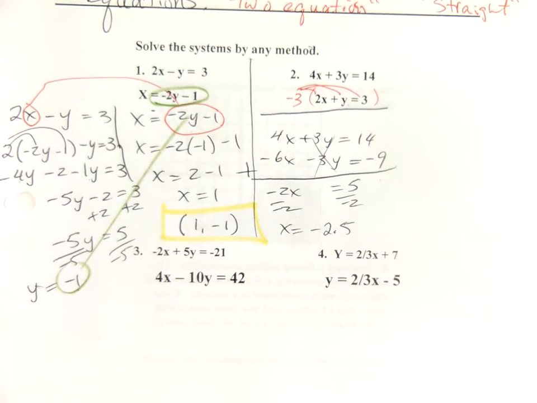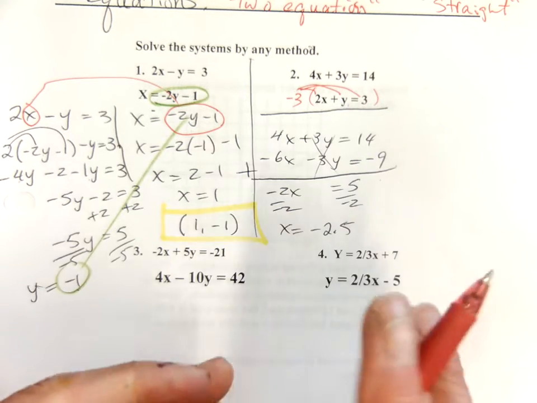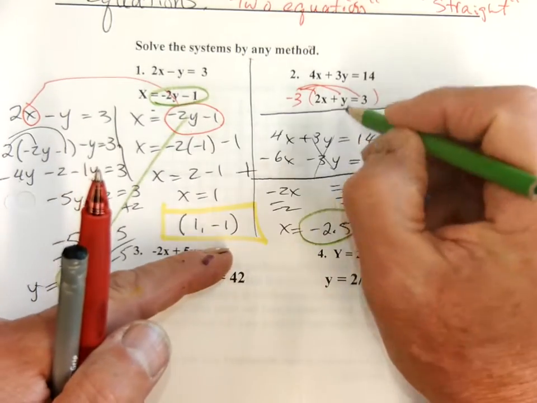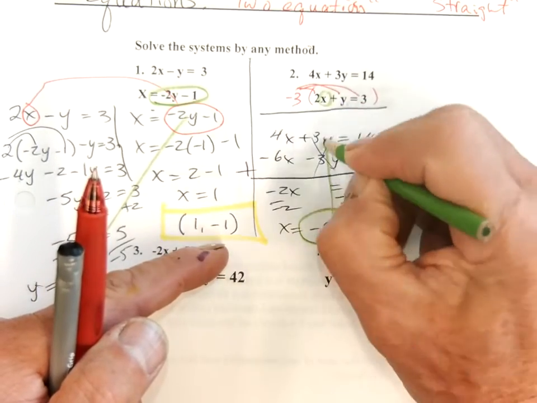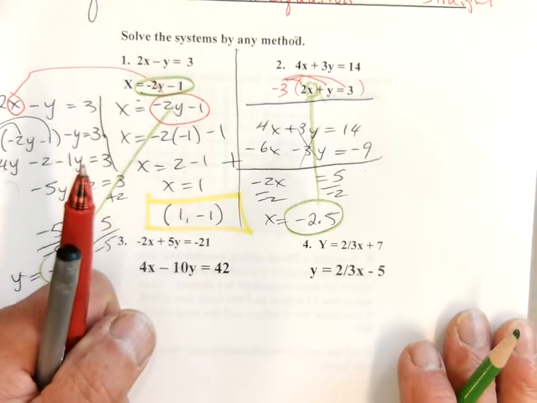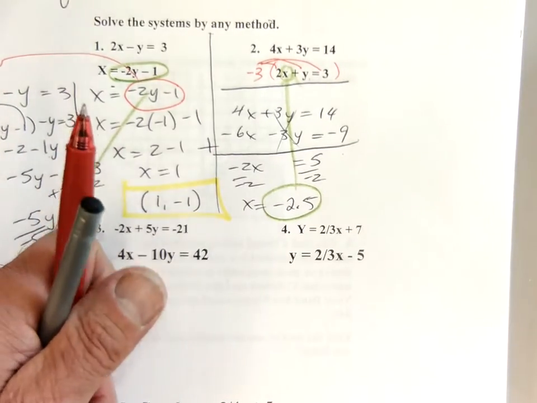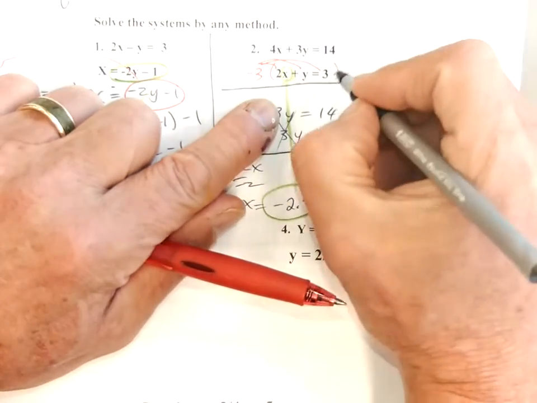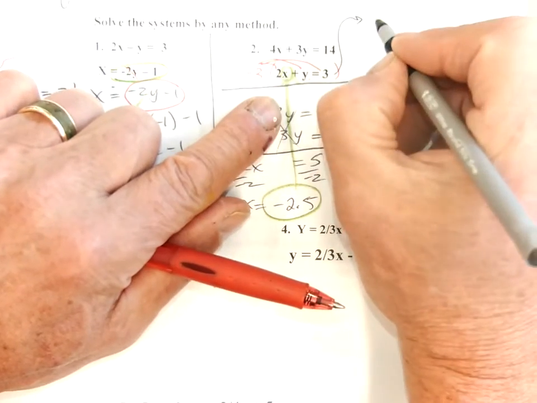That's a decimal. That's okay. I can deal with that. So the easier one to put this negative 2.5 into is probably right there. That's the easier one to put it into. Smaller numbers. So I'll take this second equation. I like this one because it's smaller numbers.